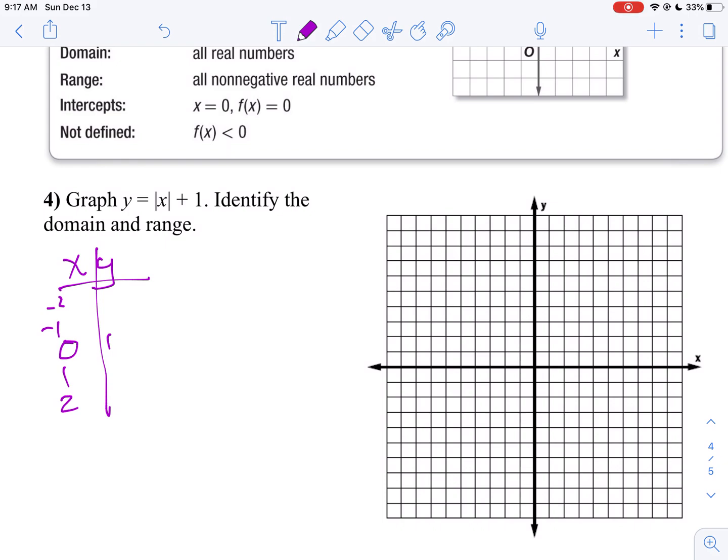Now, if we do the absolute value of 1, well, that's 1. 1 plus 1 is 2. The absolute value of 2 is 2, plus 1 is 3. Oops, need a pen there. The absolute value of -1, well, that's 1. 1 plus 1 is 2.